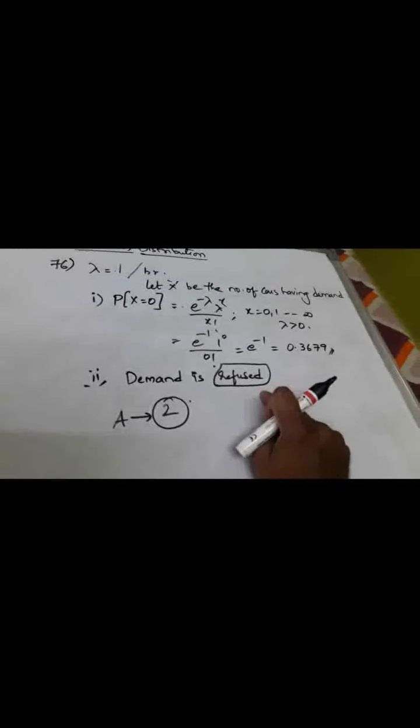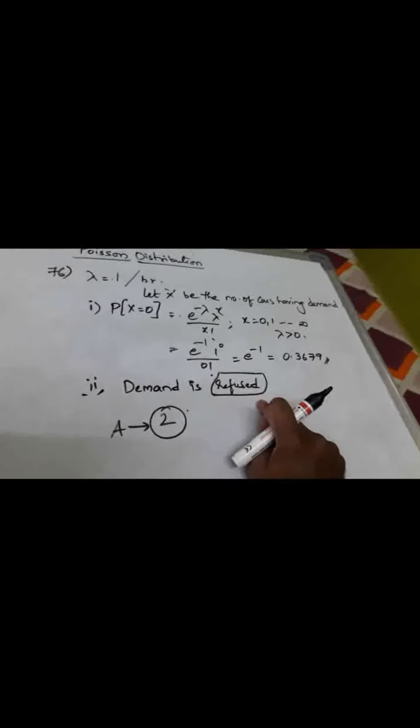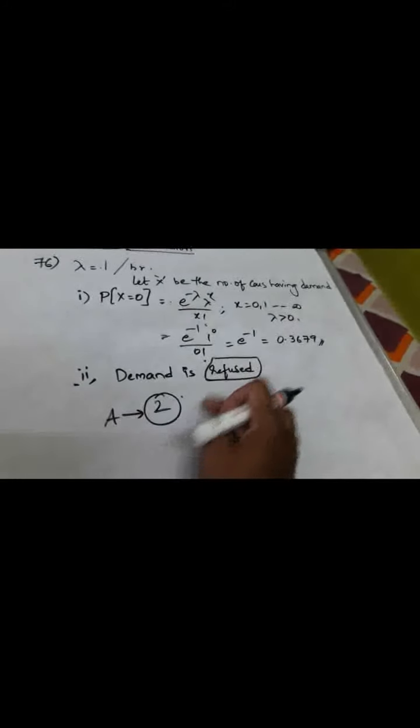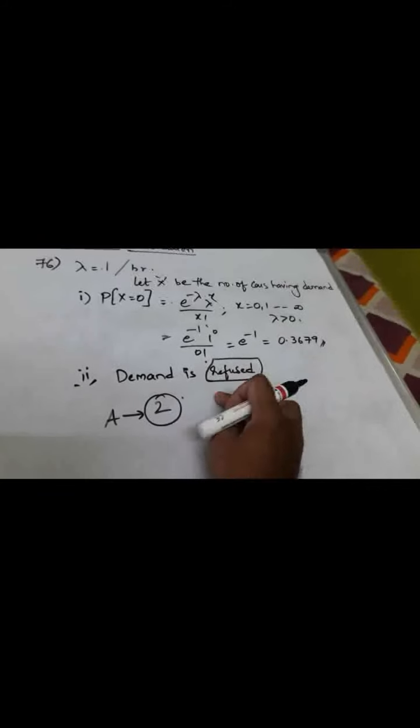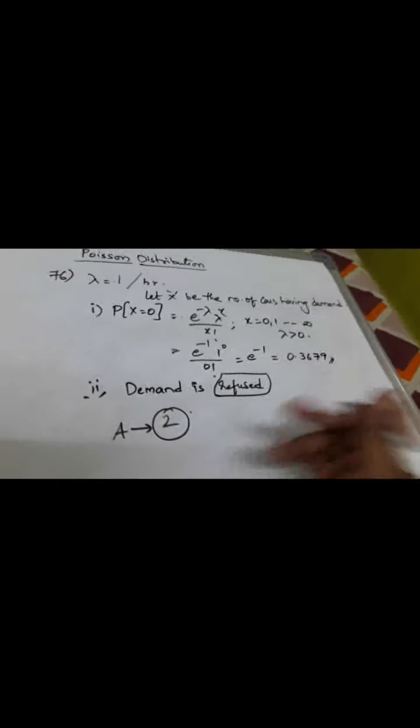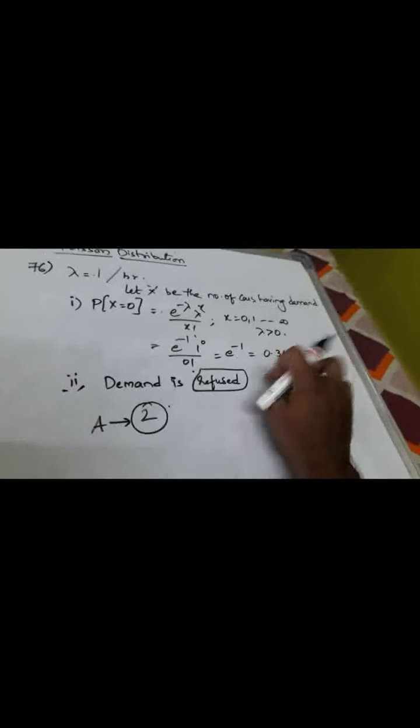You need more than 2 cars. That's why the agency person has refused to provide cars. Because when you need more cars, when he has only 2, and every hour there is a demand of 1 car, how will he give both the cars to you when a person requires more than 2 cars? Definitely he will be hiring from another agency, or not. That's why the demand is refused by the agency person.